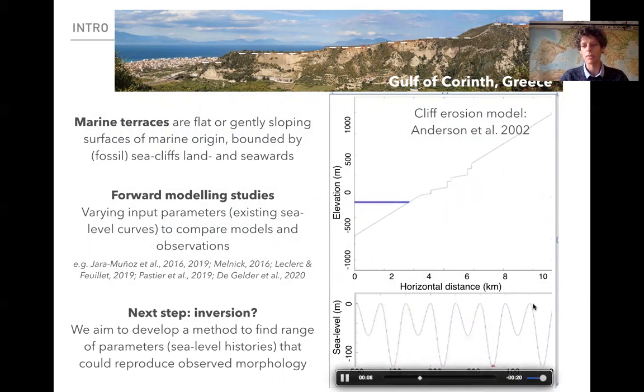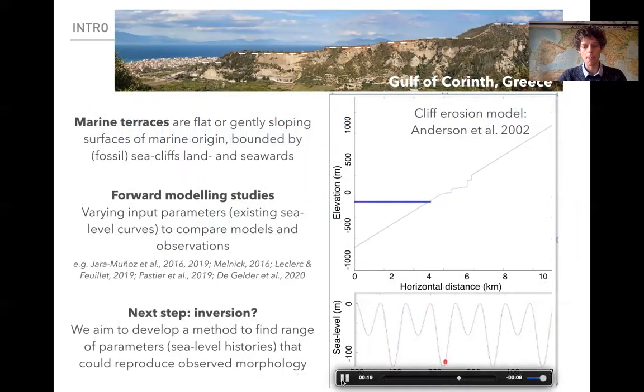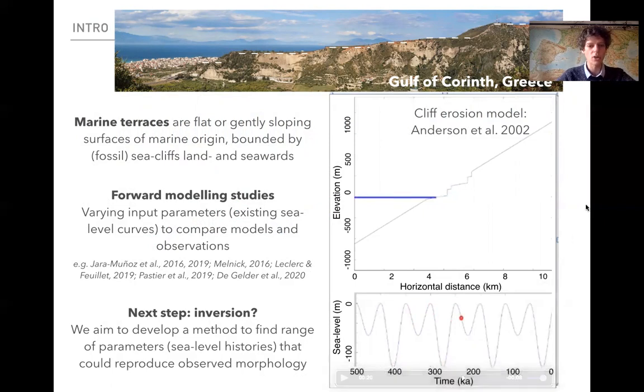This is a very simple sea level curve that is varying, and you can see how it affects the way these staircases are being formed. Now, this is a forward model, and basically over the past years, there have been quite some studies using this sort of procedure to vary input parameters and existing sea level curves to compare models and observations, to say something about both tectonics or about sea levels.